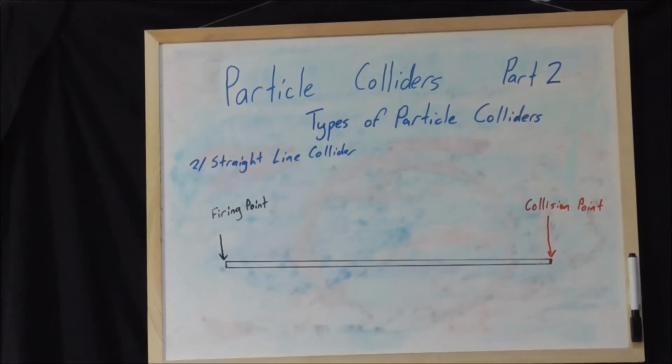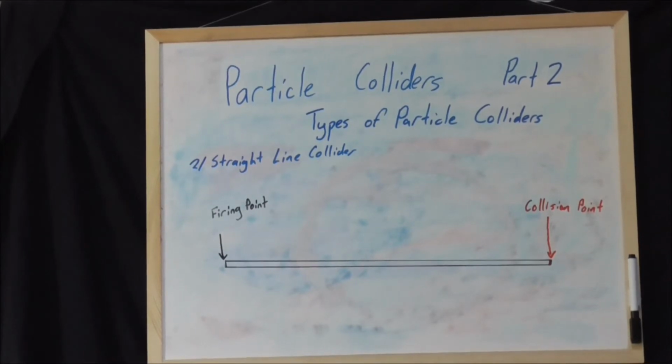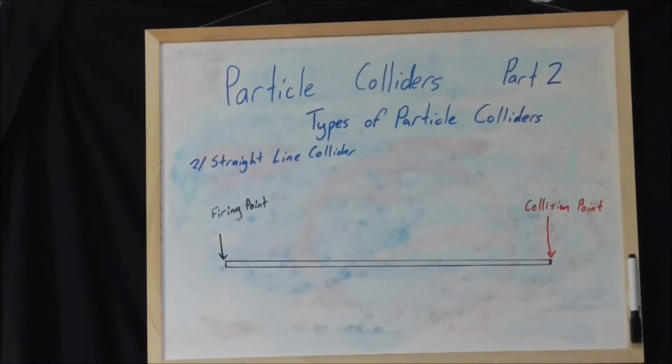That's the important thing. This particular kind of particle collider is good for the manufacture of isotopes. So you've got two tubes side by side. One is carbon, the other is the particle.